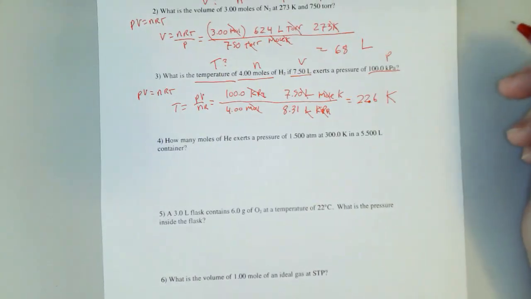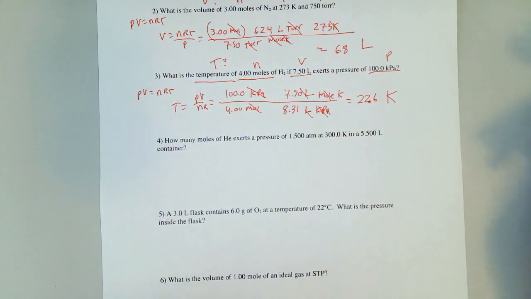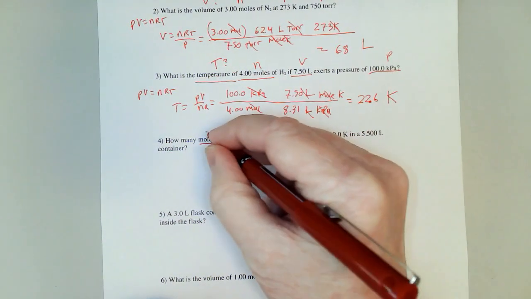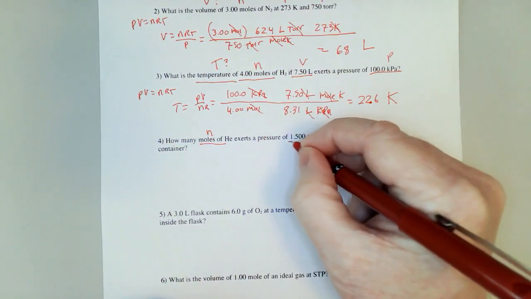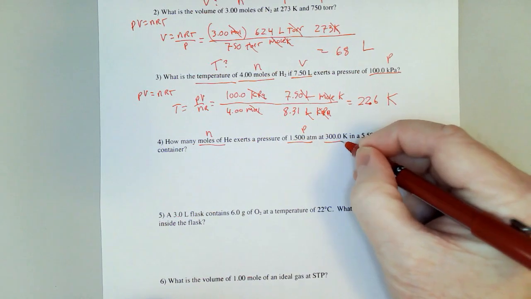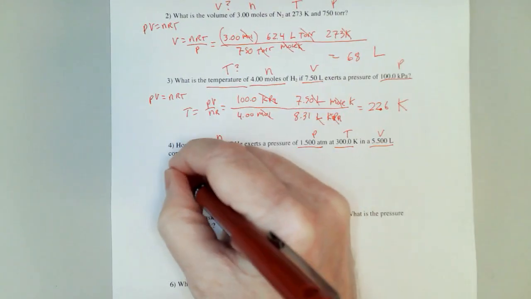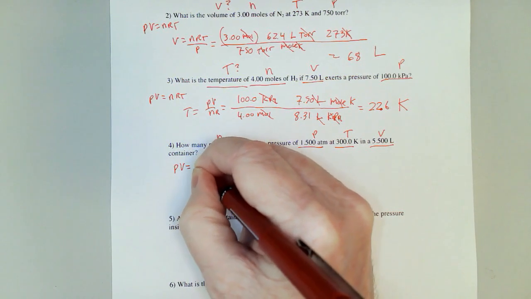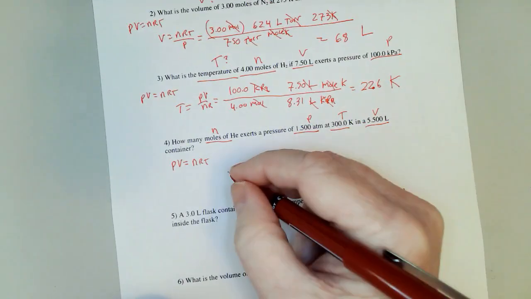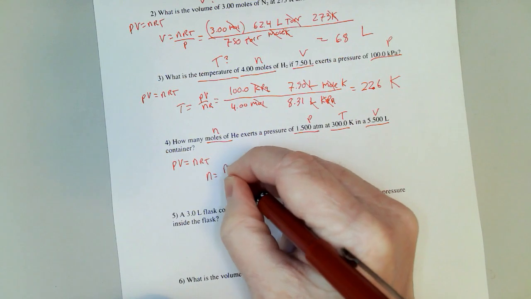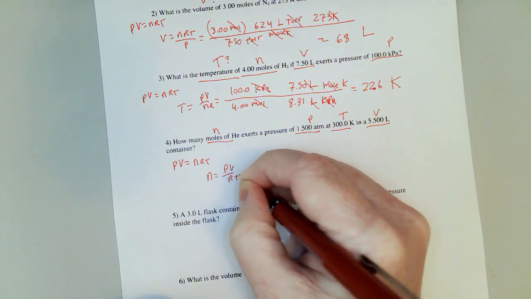All right. So what's left? This time it's moles. How many moles? N, P, T, V. PV equals nRT. N equals PV over RT.